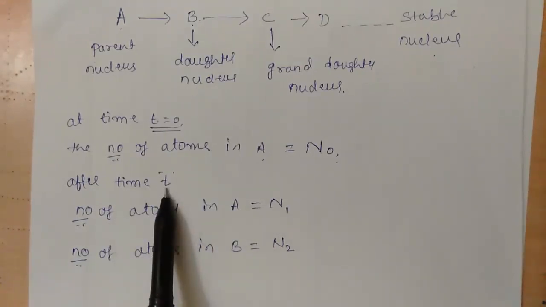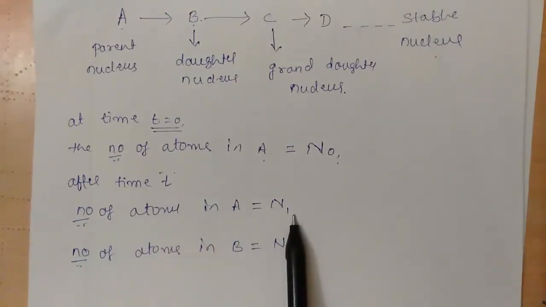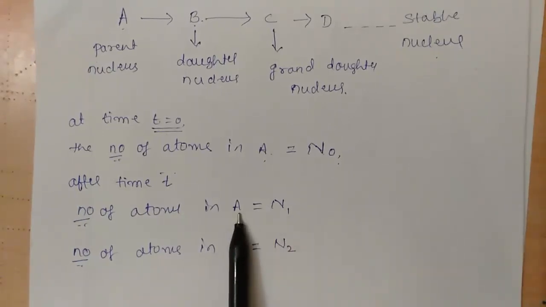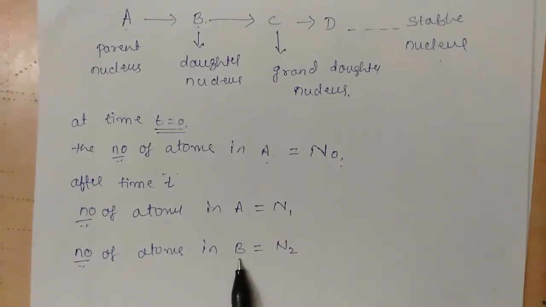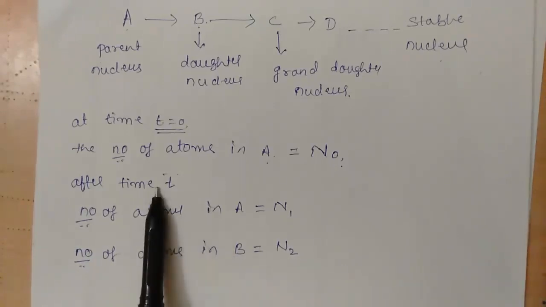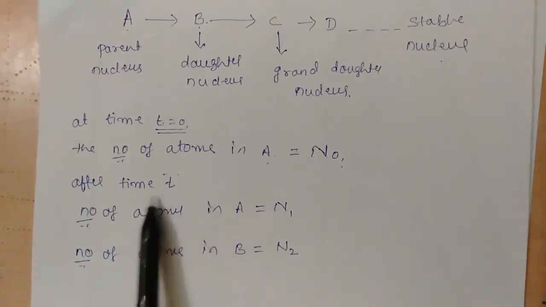At this particular instant of time, let us take the number of atoms present as n1, and when this starts decaying into another element, a new element is formed. Let that new element, the daughter nucleus or daughter element, be taken as n2, where n2 is the number of atoms in B at this instant of time t.